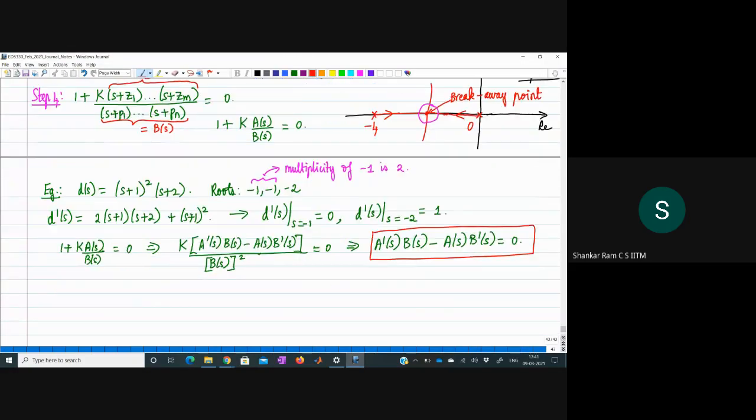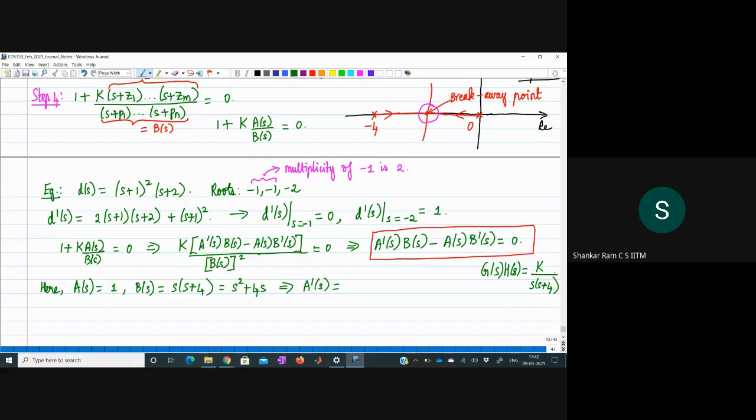So let's apply it to our problem. Here a of s is 1, because if you look at our open loop transfer function, g of s h of s is k divided by s times (s plus 4).